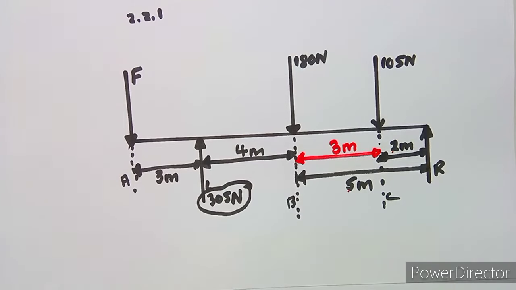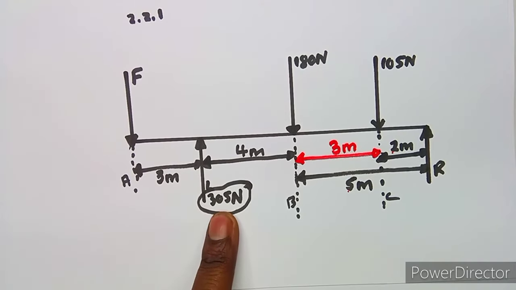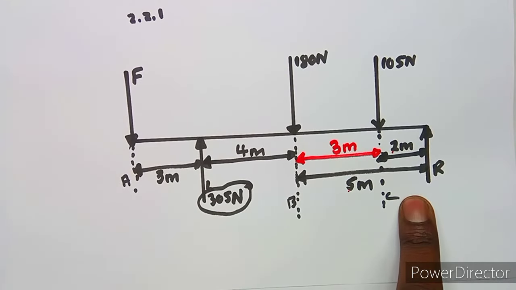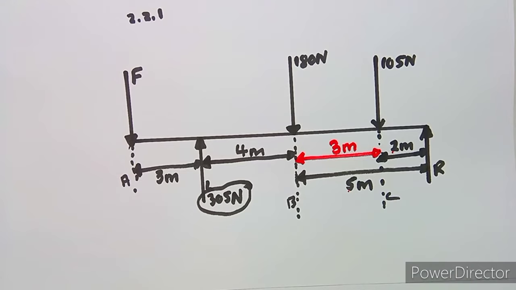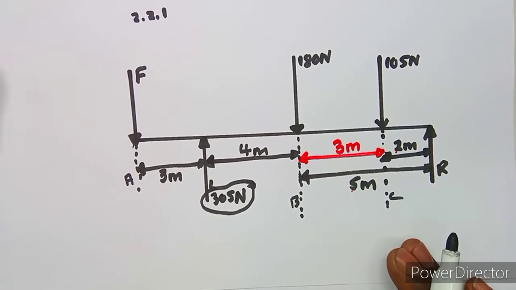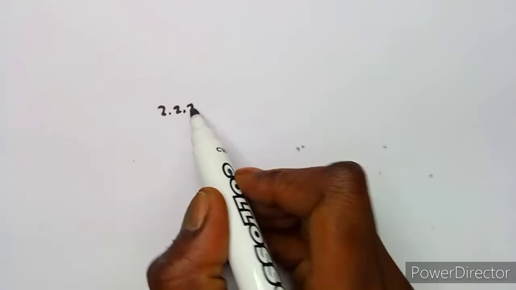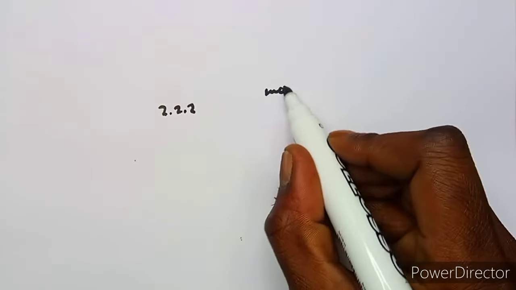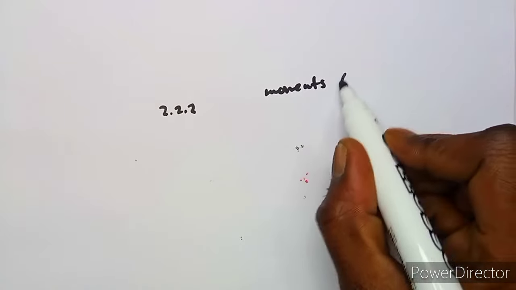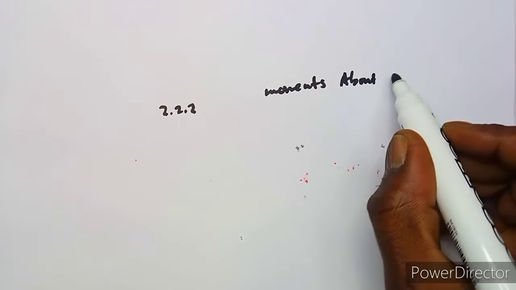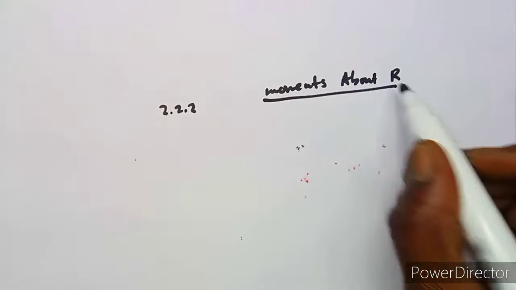So that this 305 Newton is involved, we are going to take our moments about R. So 2.2.2, we are going to formulate an equation taking moments about R.